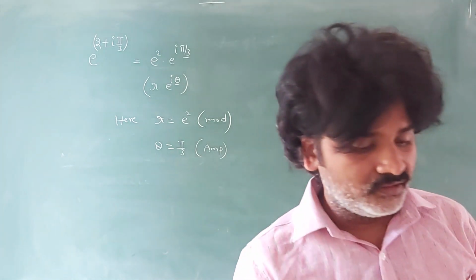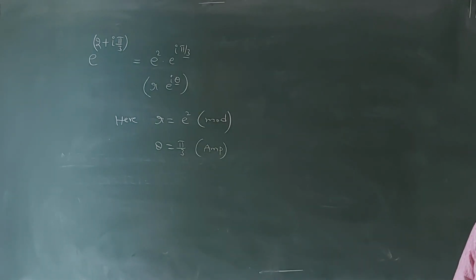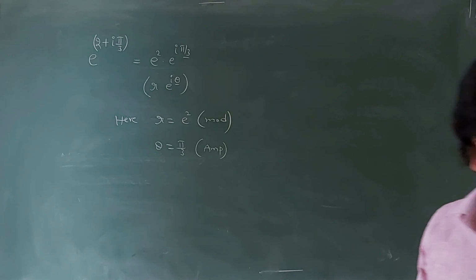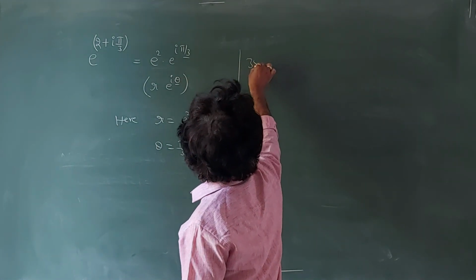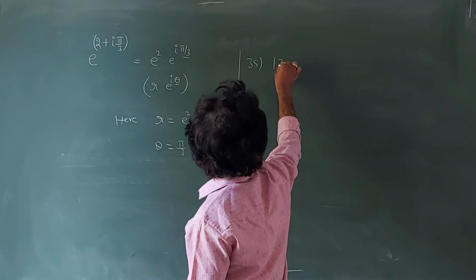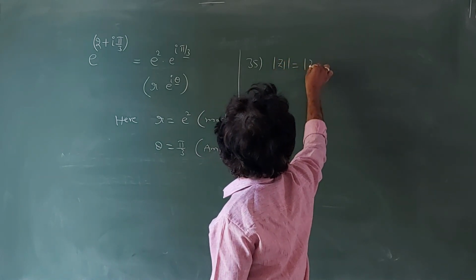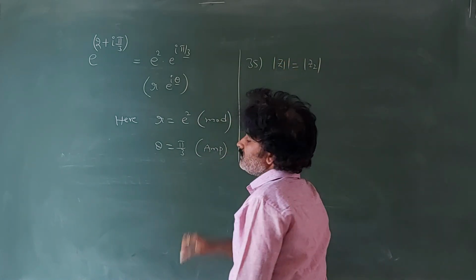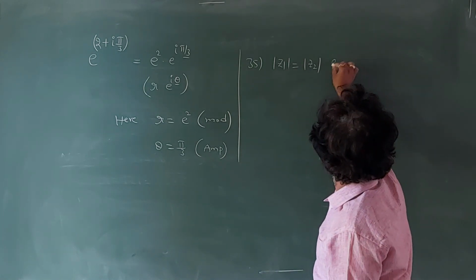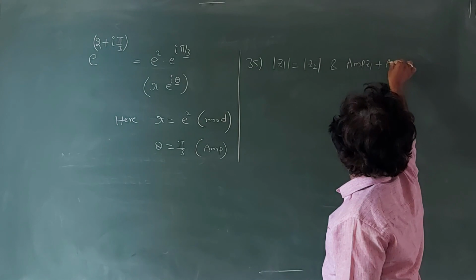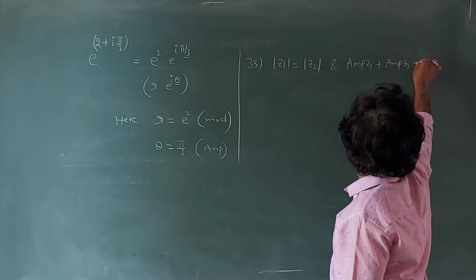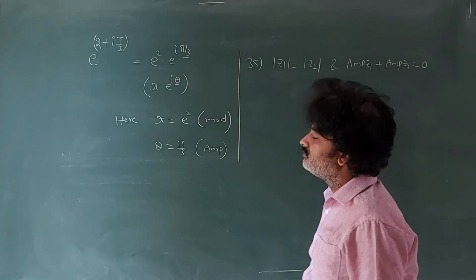Got the point, right? Next, the 35th one. A simple one related to the argument only. They gave it like this: the moduli of two complex numbers are equal, mod z1 equals mod z2, and amplitude of z1 plus amplitude of z2 equals 0.